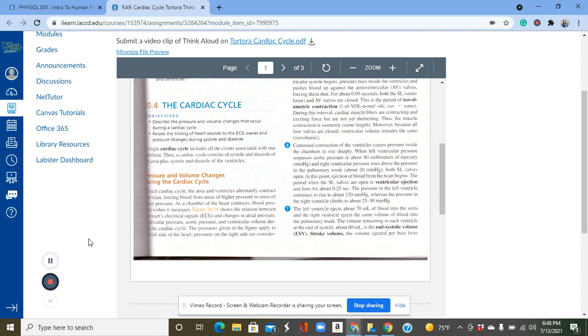So there's also this decrease in the total heart volume, and I believe this is the first part of the cardiac cycle, which is the systole, and there is also this kind of recovery in volume at the later part of the cardiac cycle.